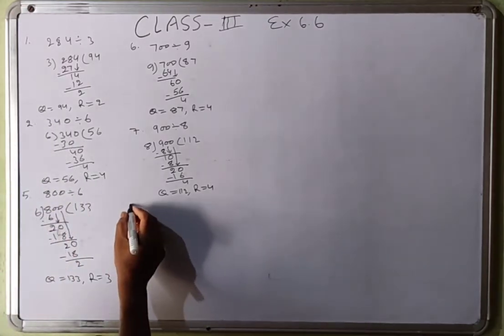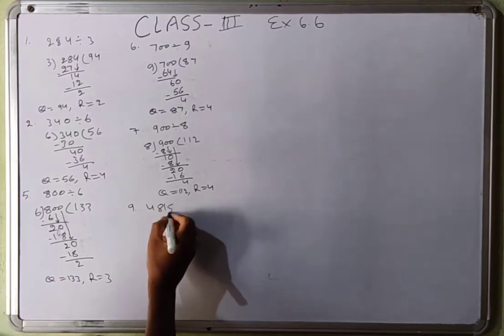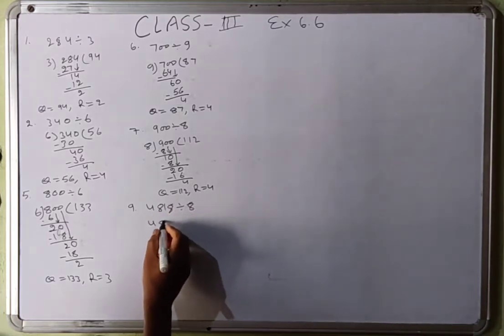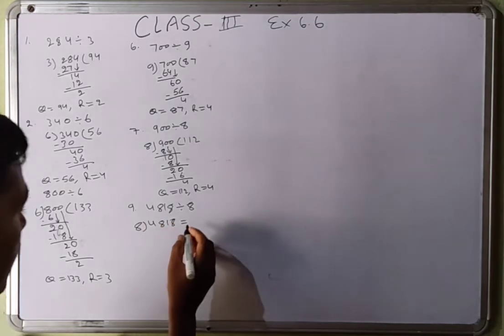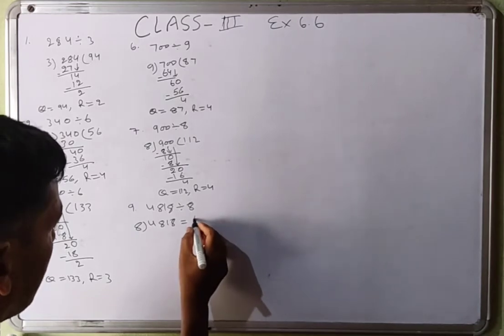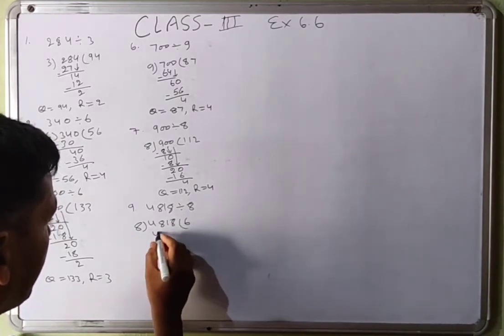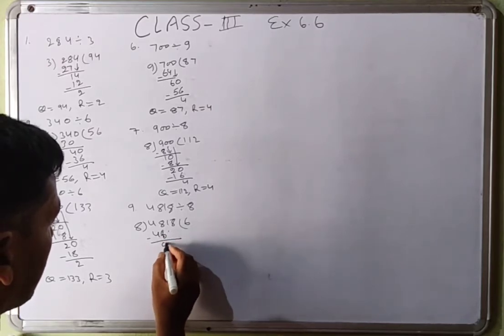See that 9th question. 4818 divided by 8. So 4818 divided by 8, that will be 8 sixes are 48, and then this is a 0 remainder.